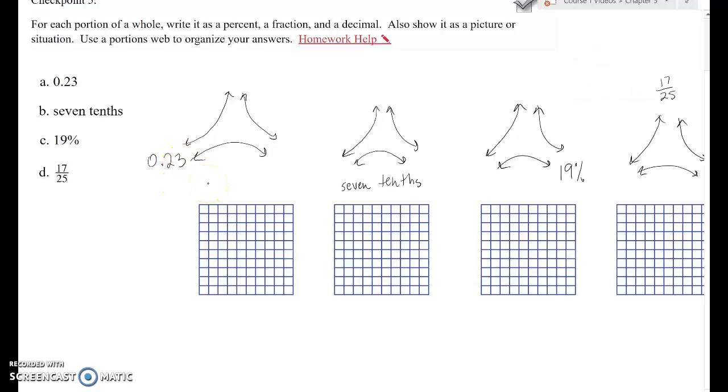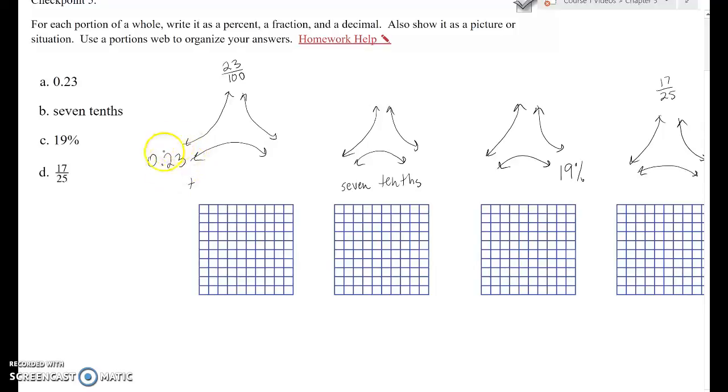23 hundredths. Well, jumping right into it, 23 hundredths is what this is, and that was easier for me to represent on a 100% grid. So this 3 is in the hundredths place.